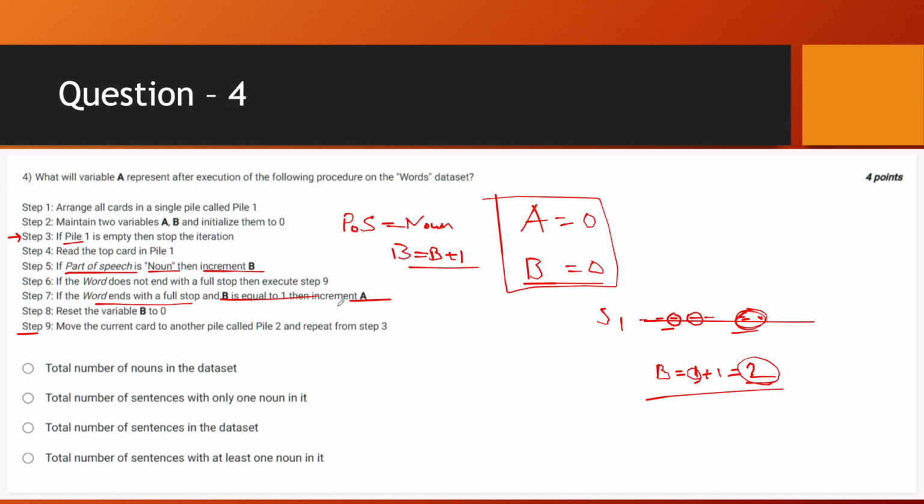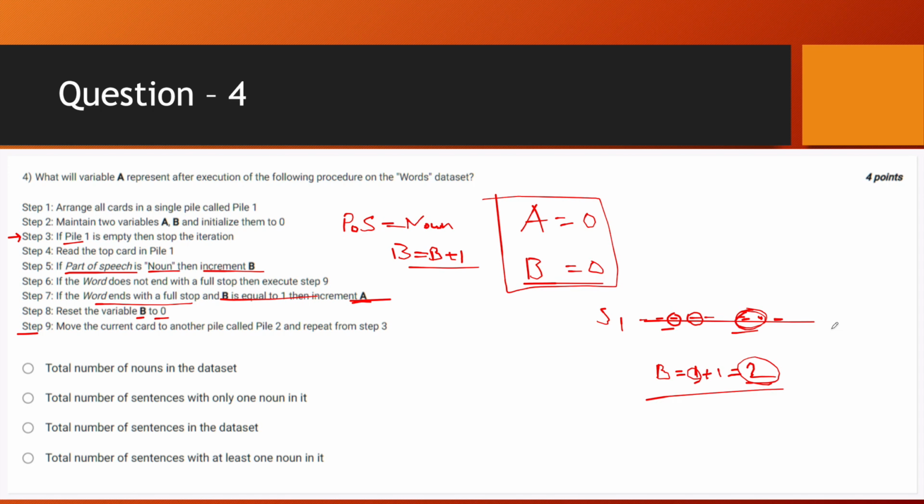Anyway, before going into the options, let's just see what happens in step 8. In step 8, once you've incremented the value of a by 1 and found the condition that satisfies your step, you reset the variable b to 0, and then you go back to step 3 and take the next card, which will be the first word of the next sentence. So now we have shifted your focus to the next sentence of the paragraph.